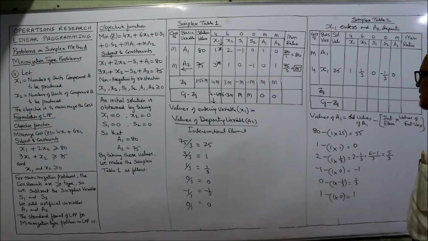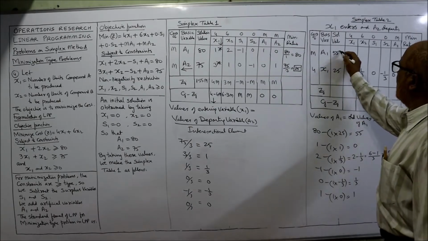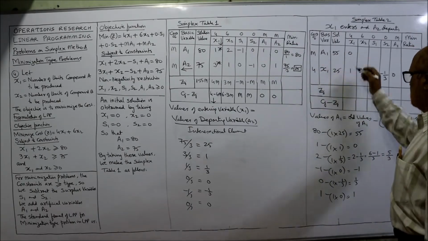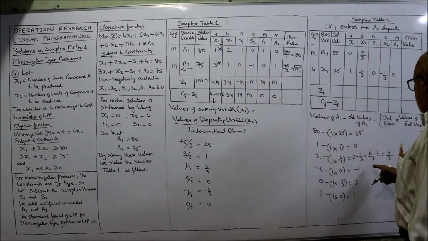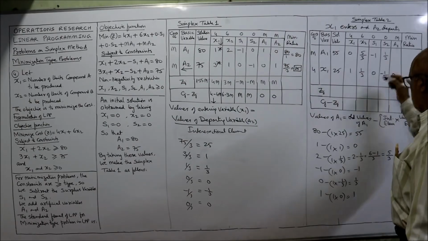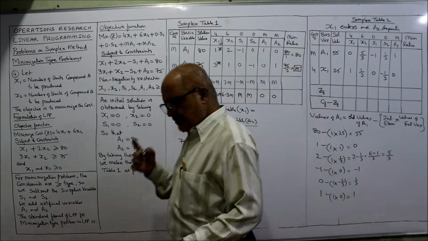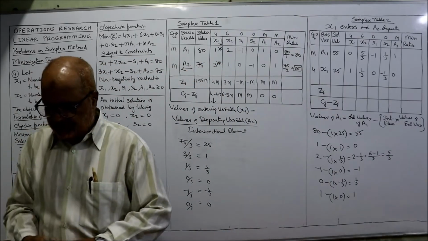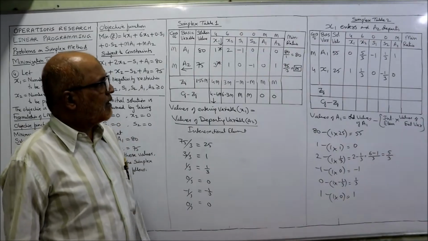That's all. These are the values of A1: 55, 0, and then 5 by 3, then minus 1, then 1 by 3, and lastly 1. So we have calculated the values of A1, right?